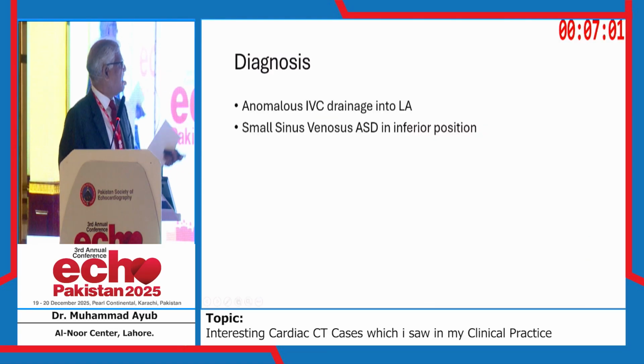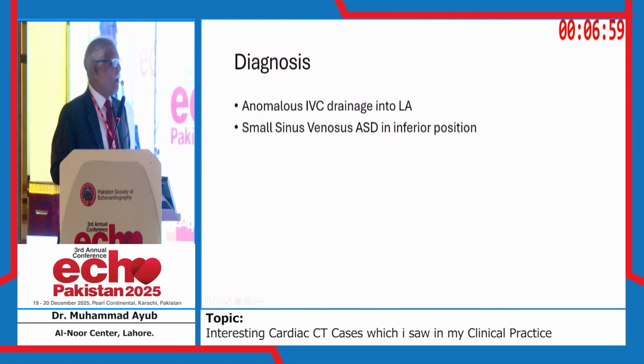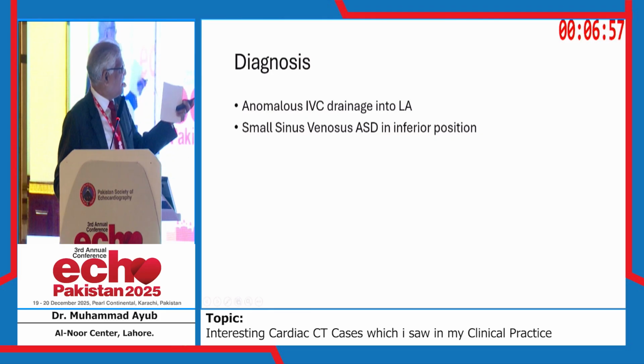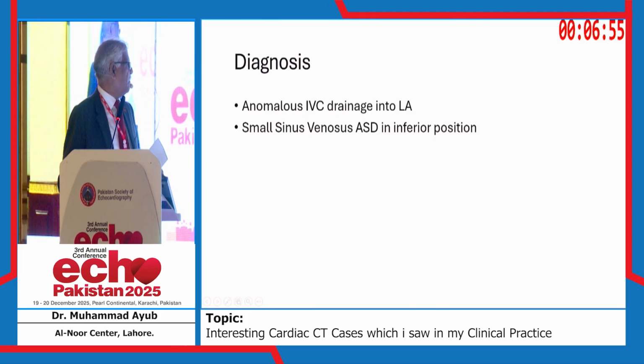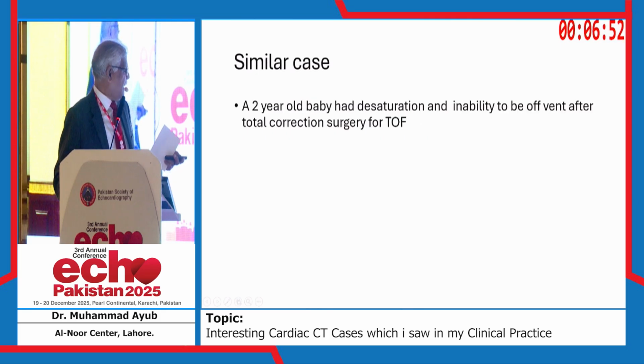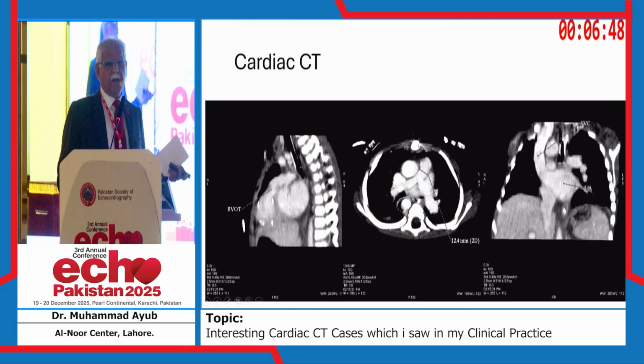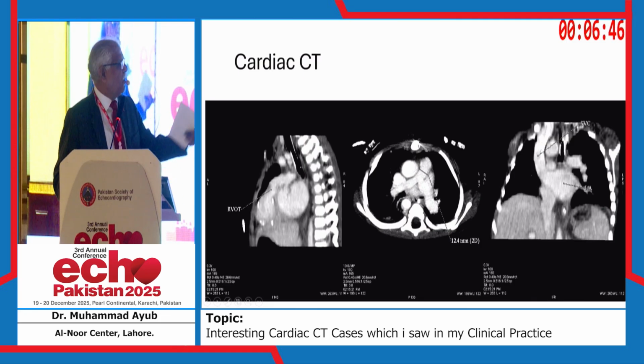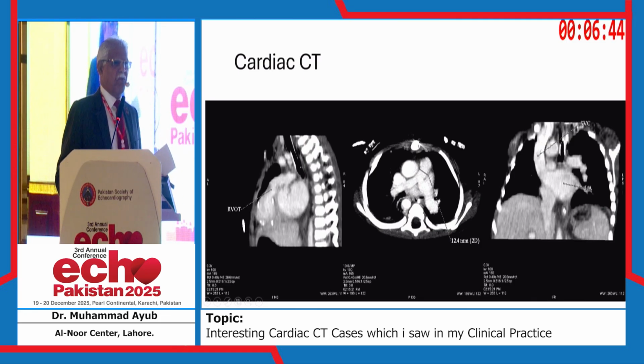I had a similar case a couple of years back when a child underwent total correction surgery for TOF. After that, they were not able to take him off the ventilator because of desaturation. They requested a cardiac CT study.